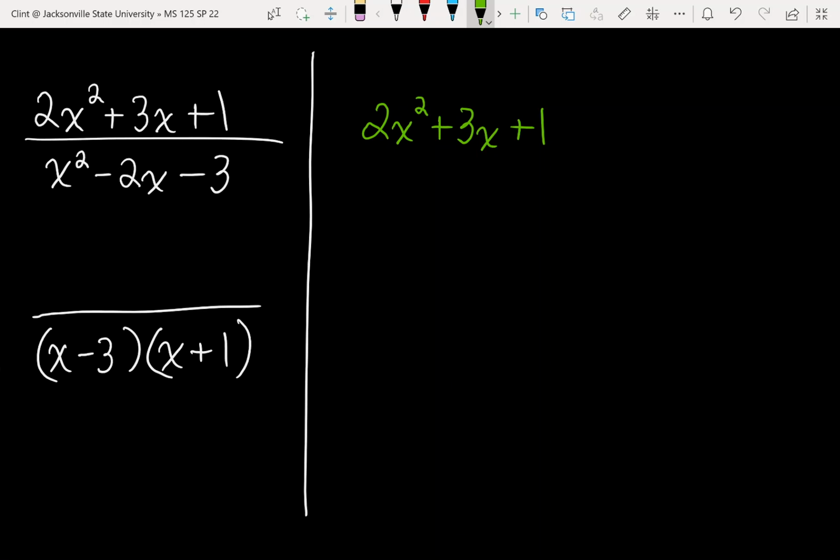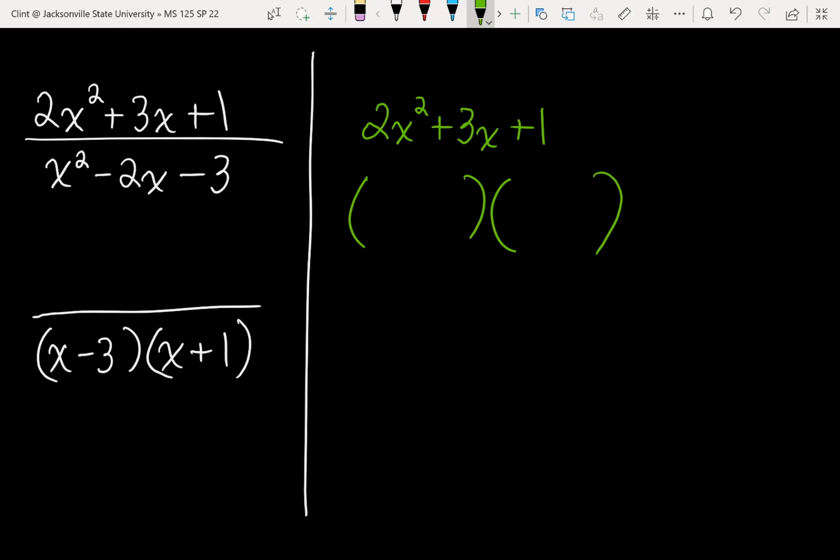There's a bunch of different methods people use to factor these. If you've got a way you like to do it, use it. That's fine. I'm going to show you one particular method. I just like this one because there's no guessing. When I say guessing, what you could do is write down your parentheses.